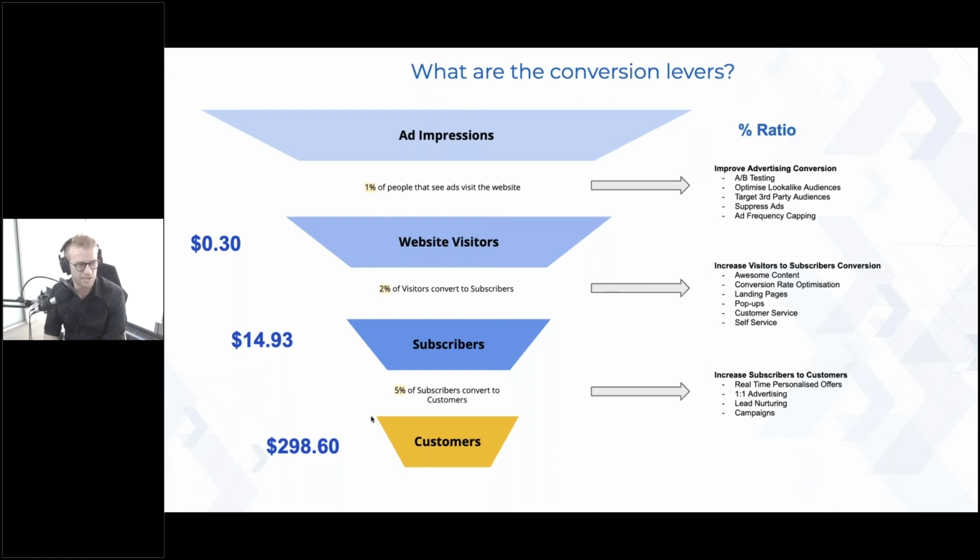So let's say, sorry, if I say 2% of my visitors convert to subscribers, and I increase that to 4%, it still remains $14.93, right? But this value goes up to double. So that's 60 cents per website visitor, if that's 4%. So it actually increases the value of the activity up the chain because you're more optimal about how you convert.